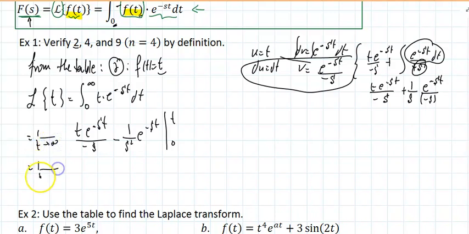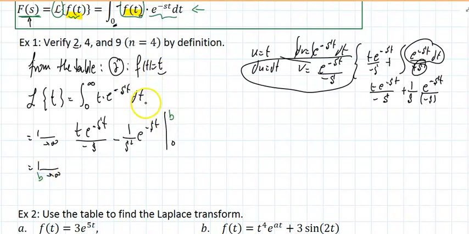You know what? I used t. I should have used a different letter. Let's use b, because t is already resolved.